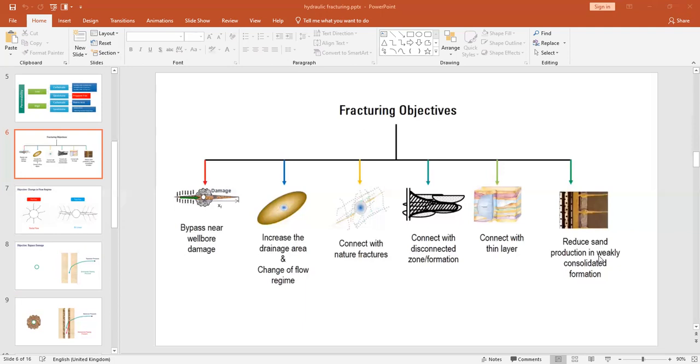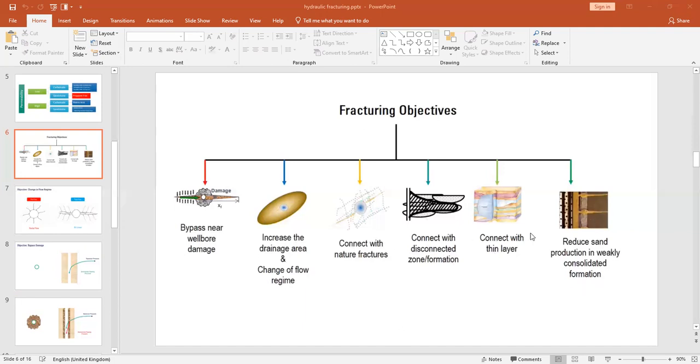So the company always tries as much as possible to reduce the amount of sand that is produced. So there's one method which we call frac packing, where you inject a permeable material into the reservoir, but the essence of this material is to reduce the amount of sand that is produced. So that one is done purposely to reduce sand production.